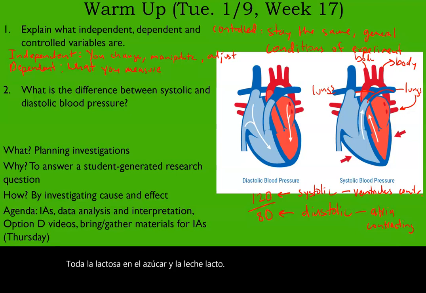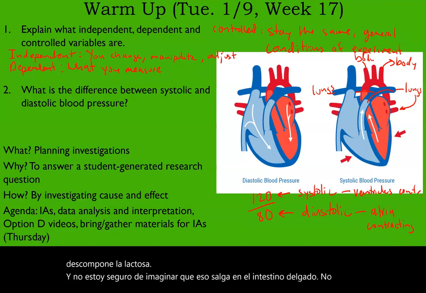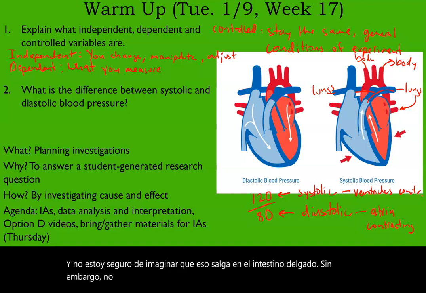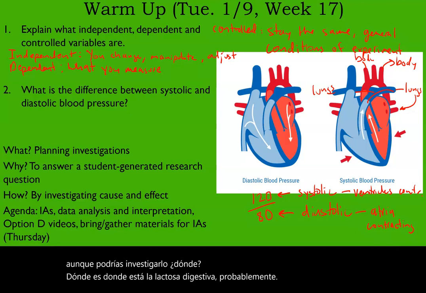Well, people make lactase, which is an enzyme that breaks down lactose. I'm not sure. I imagine that comes out in the small intestine. I don't know though. You could look into it. Where is the lactose digested? Probably because it's a sugar.